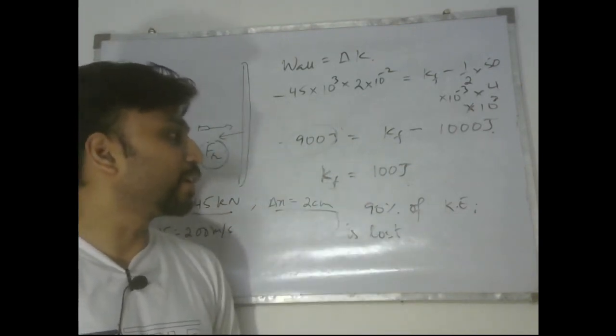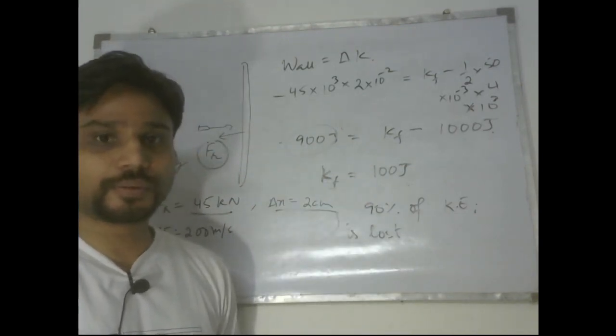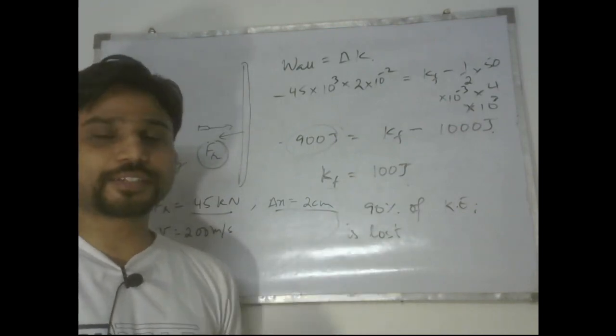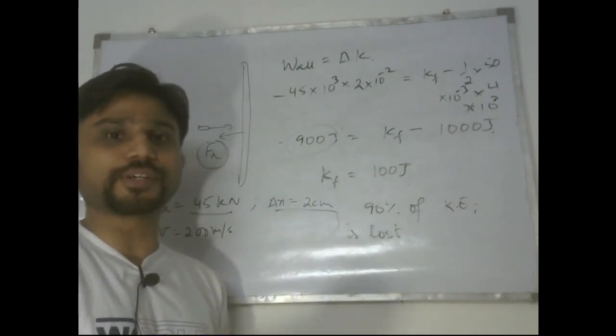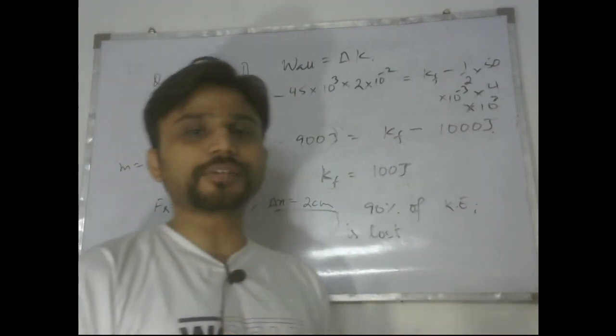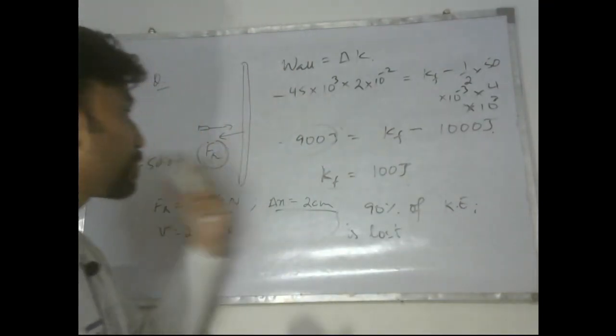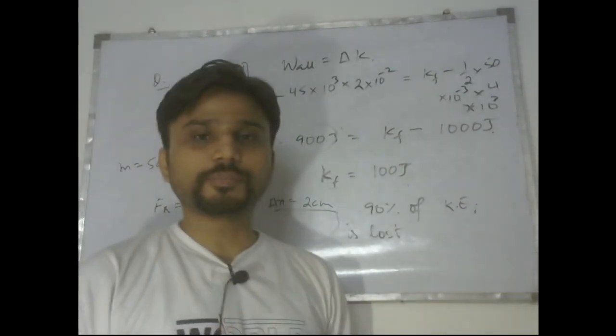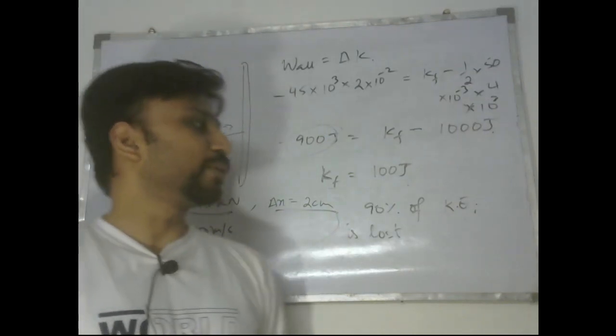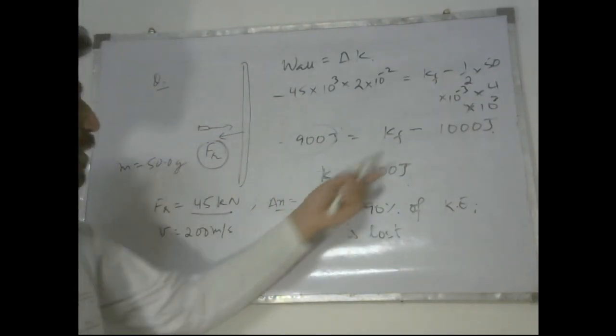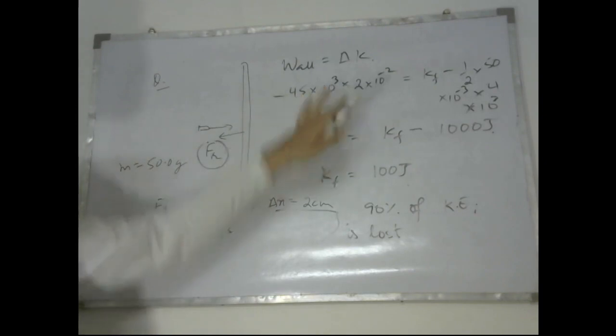The remaining energy is 100 joule. This loss of kinetic energy is usually converted into the heat of the block, so it gets heated up, and some sound comes out from the plank and so on. So again we calculated the final kinetic energy of the bullet by simply using the principle of work energy theorem.